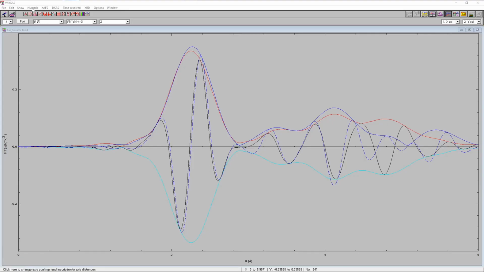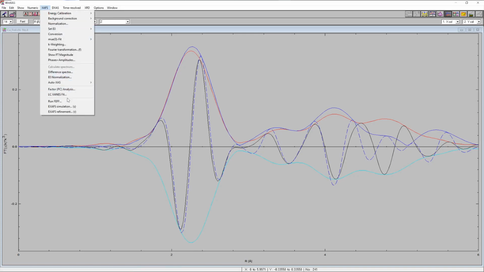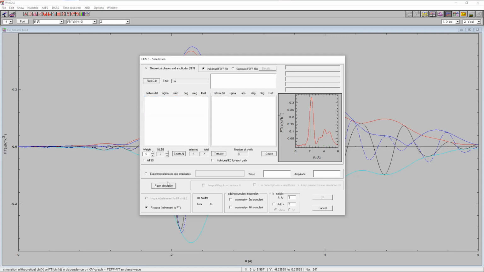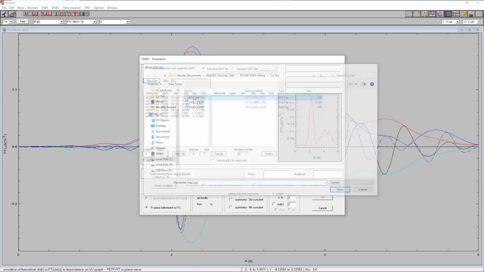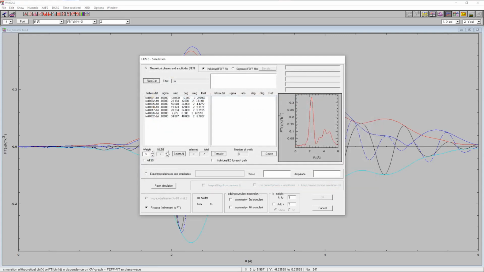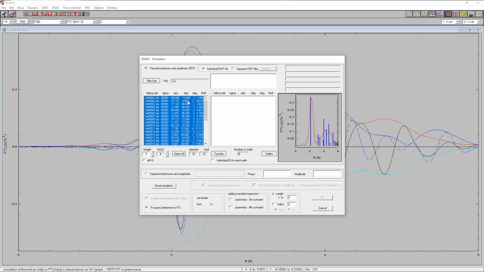So let's include the multiple scattering path in the simulation. Reset the simulation, and now we are going to include the multiple scattering path.